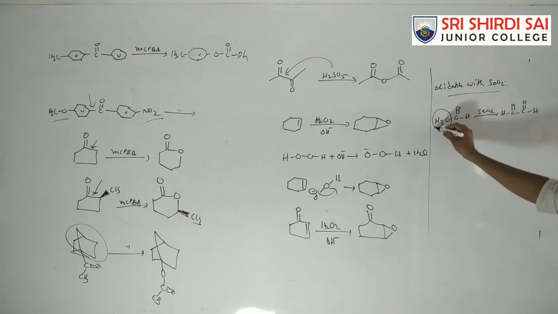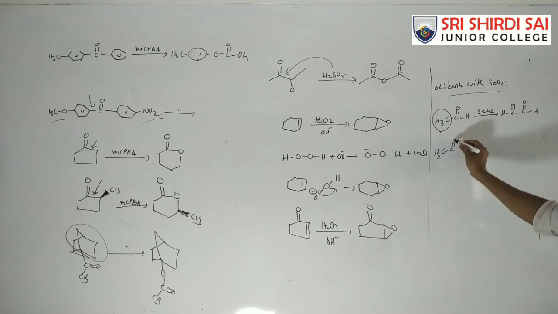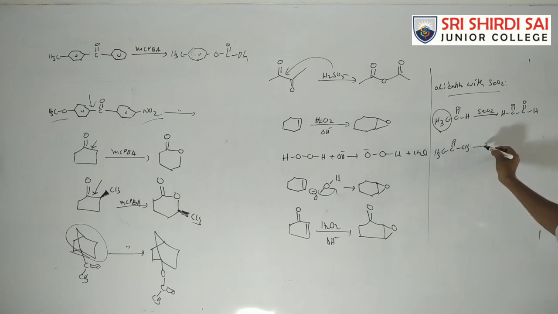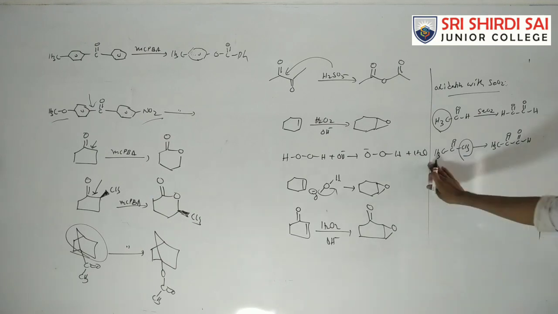The adjacent alkyl group is converted to a carbonyl group. Suppose acetone on treating with selenium dioxide gives C double bond O, C double bond OH. Only one alkyl group is converted to a carbonyl group.